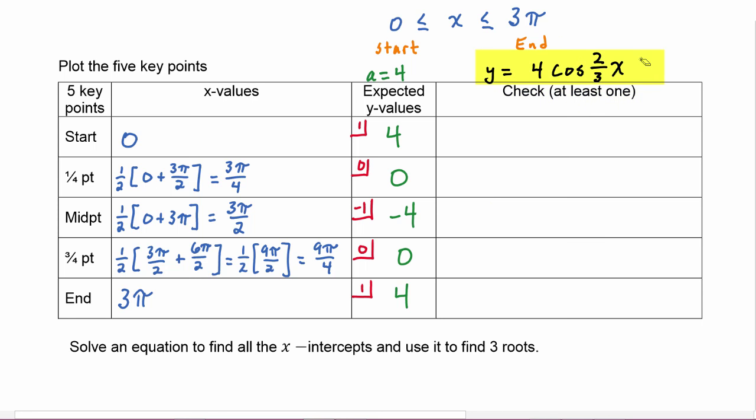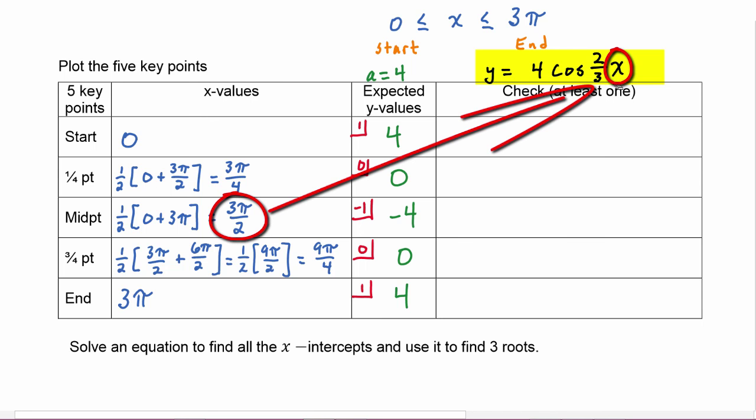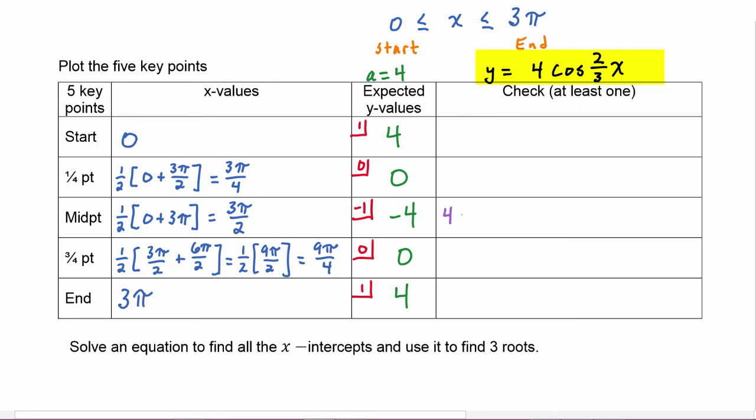And we're going to plug that into our function and make sure that we're getting negative 4. So if we plug our x value in, we have 3 pi over 2. That's going to have to go in for x in the function. So then this would be 4 times the cosine of 2/3 times 3 pi over 2, which is 4 times the cosine.